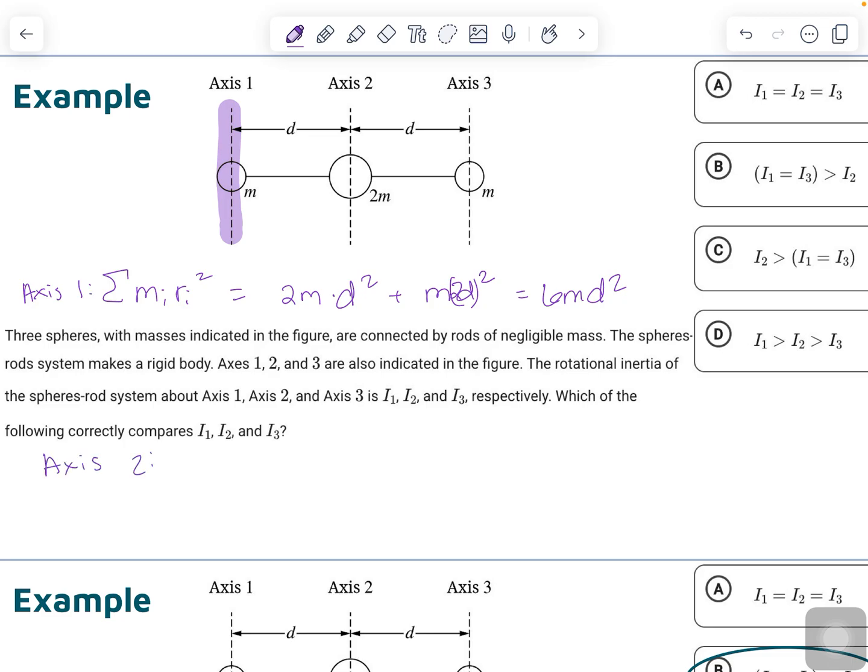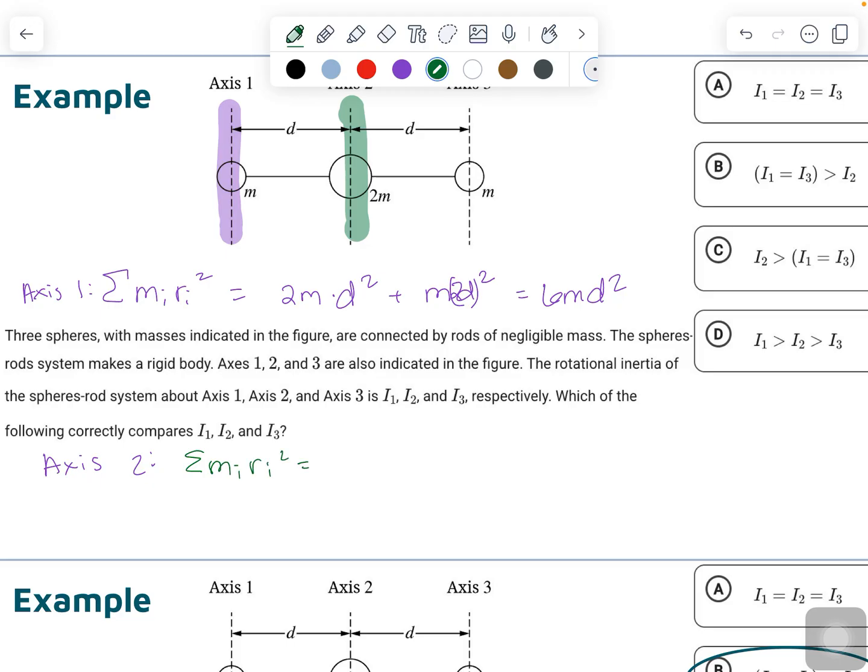For axis 2, I'm going to do this in a different color. We would have the same equation, the sum of m_i r_i squared. We would have md squared plus md squared, which would just be 2md squared.